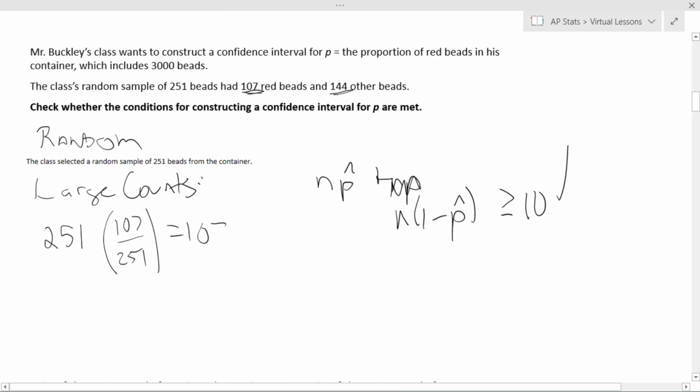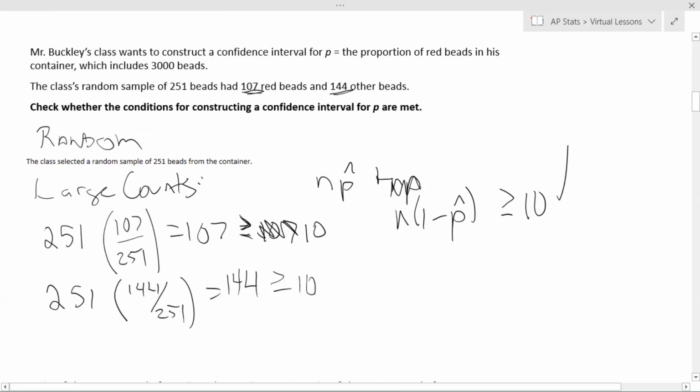So we could do that, but I want to show you using the formula. So we have 251 times 107 over 251 is 107. That's greater than or equal to 10. And then 251 times 144 over 251 equals 144, and that's greater than or equal to 10 also.